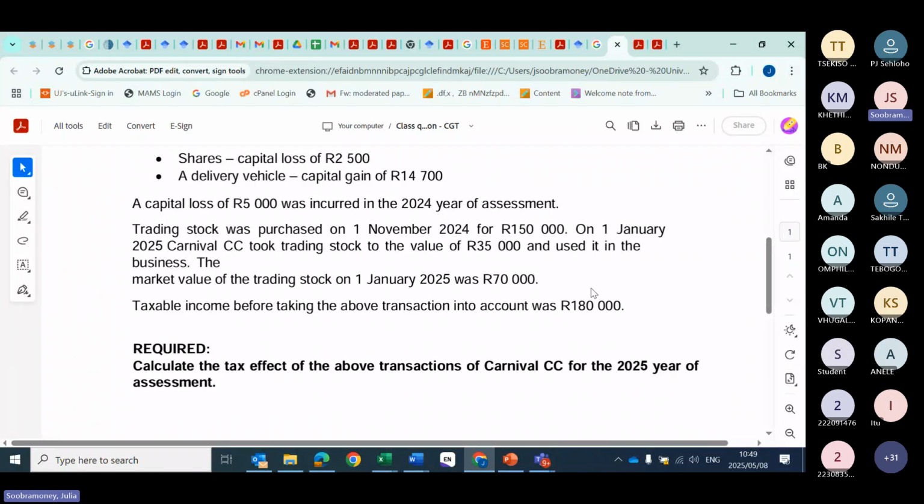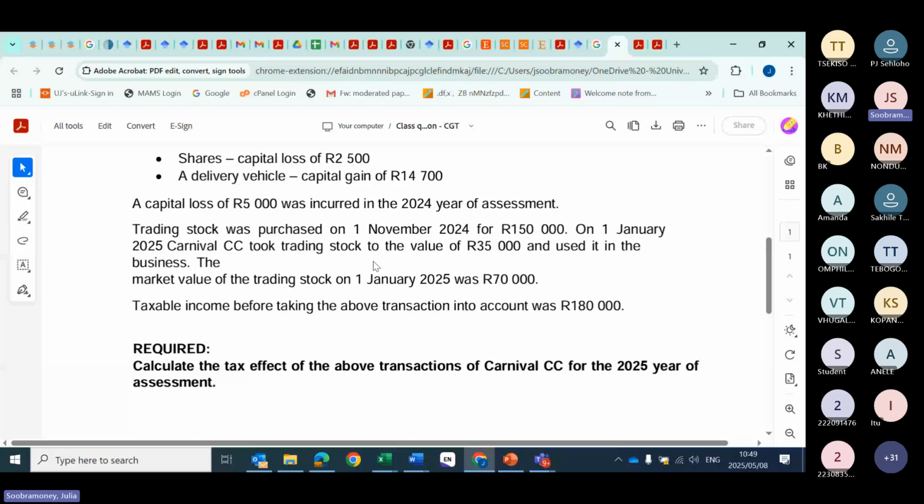Okay. Now, if I had to tell you that the vehicle, you used it for 2 months during the year of assessment, and I gave you more information, then you're going to have to calculate allowances on it. So you would say vehicle 70,000 divided by 5 years times 2 over 12 months, and you will work out the allowance. Now, in this scenario, it doesn't give us much. It doesn't tell us what type of trading stock this was.